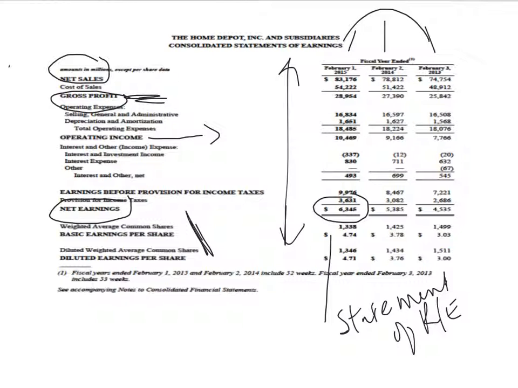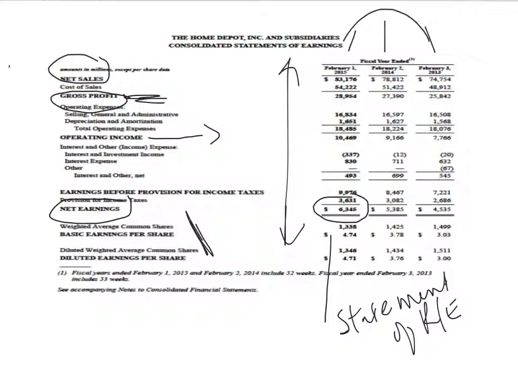So once I pay for the goods I sold, and then I take away all my commissions, my advertising, my depreciation, everything, this is the amount of money that I've made from my operations only. And that's because businesses sometimes may have other forms of revenue streams, but they're not their core business.